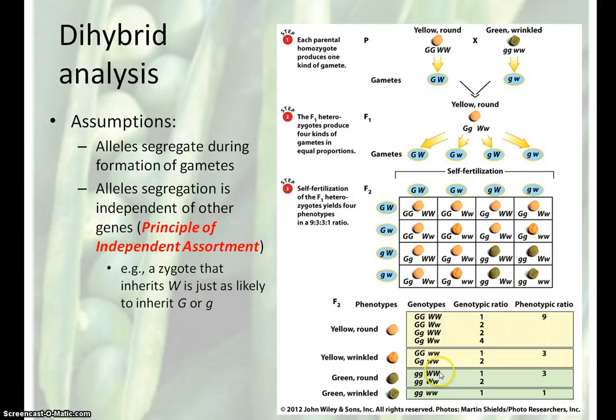And this is where he sees his 9:3:3:1 ratio in the phenotypes, keeping in mind that each of these individuals in this particular category are displaying the dominant phenotype for each trait. So keeping in mind that if you are heterozygous, you are going to display the dominant phenotype, and that's why these four different genotypes will give the same phenotype.